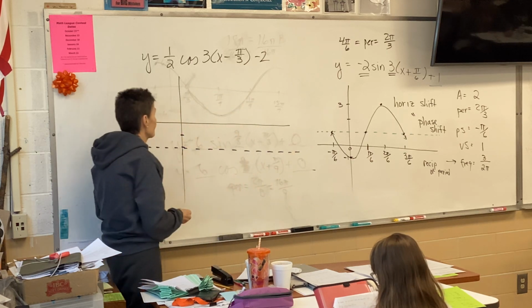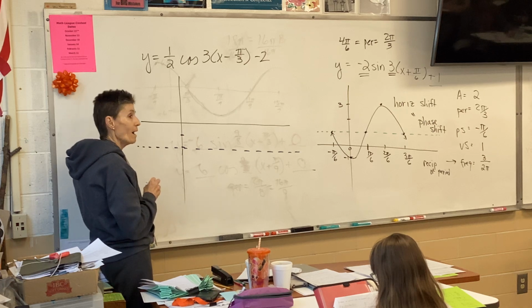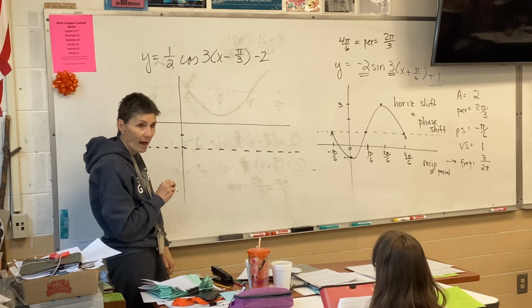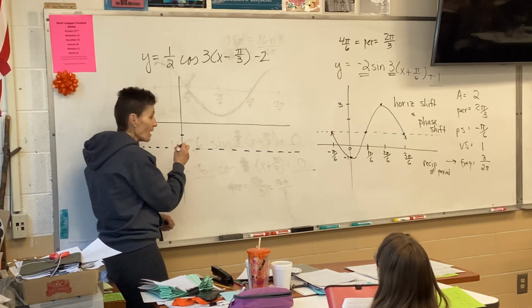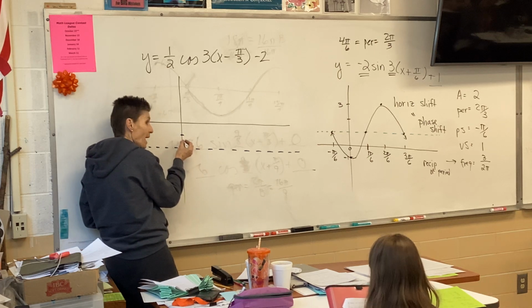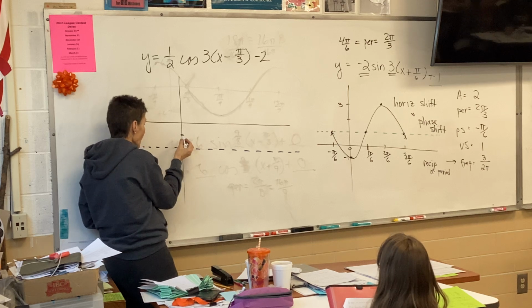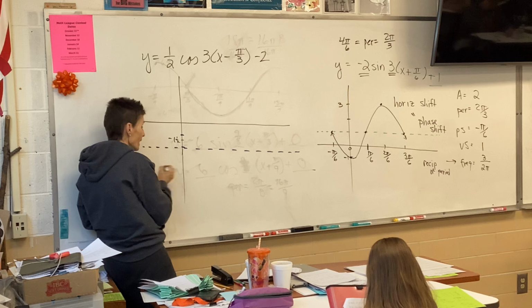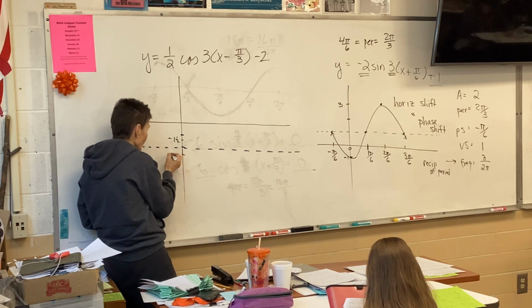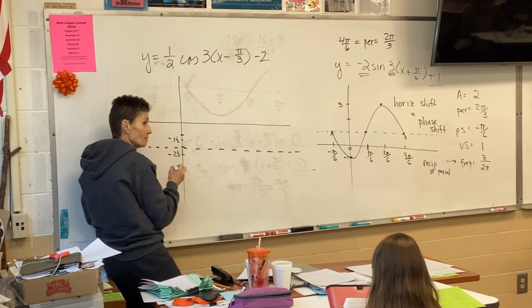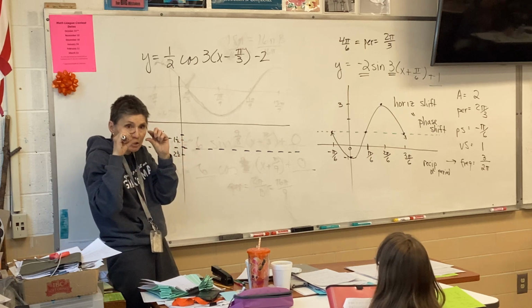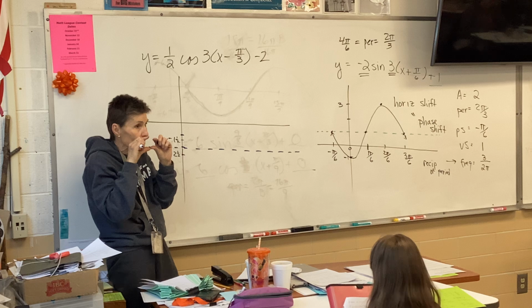My amplitude is only a half, so I'm going to go up a half, which would be -1.5, and down a half, which would be -2.5. So whatever this picture ends up looking like, it's really smashed in there. Would you agree with that?